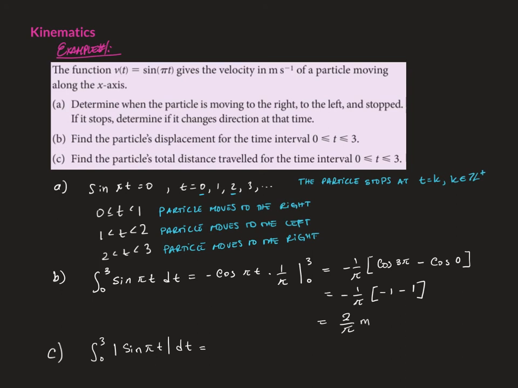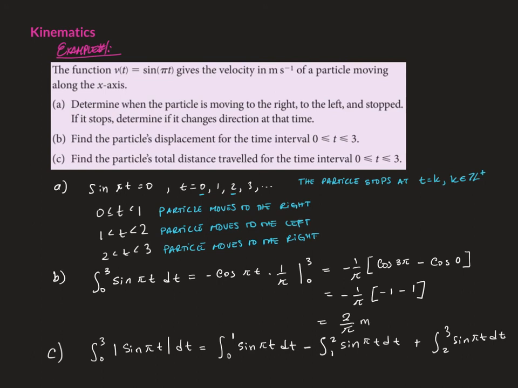We need to do the integral from 0 to 1. As the particle moves to the right, it's going to be positive, so sine of pi t dt. And then we're going to take away the integral from 1 to 2 of sine of pi t dt, and then add the last part of the integral from 2 to 3 of sine of pi t dt.